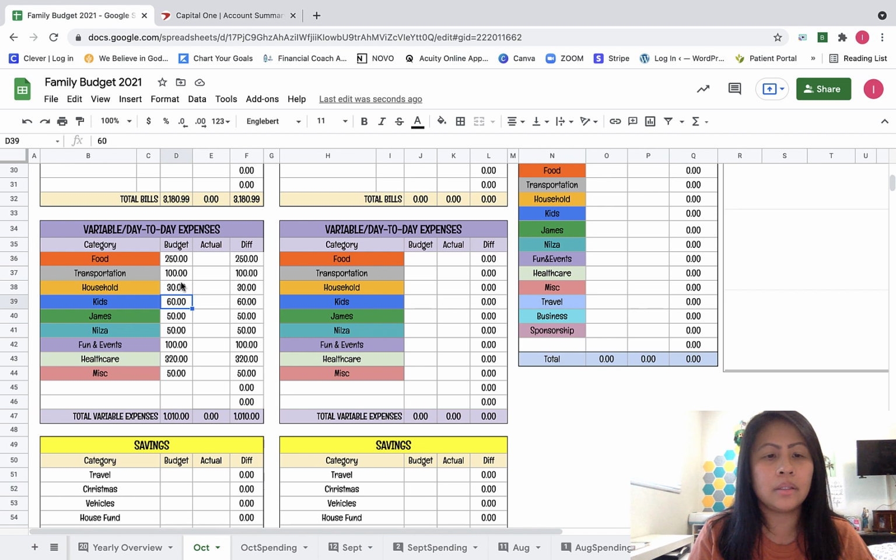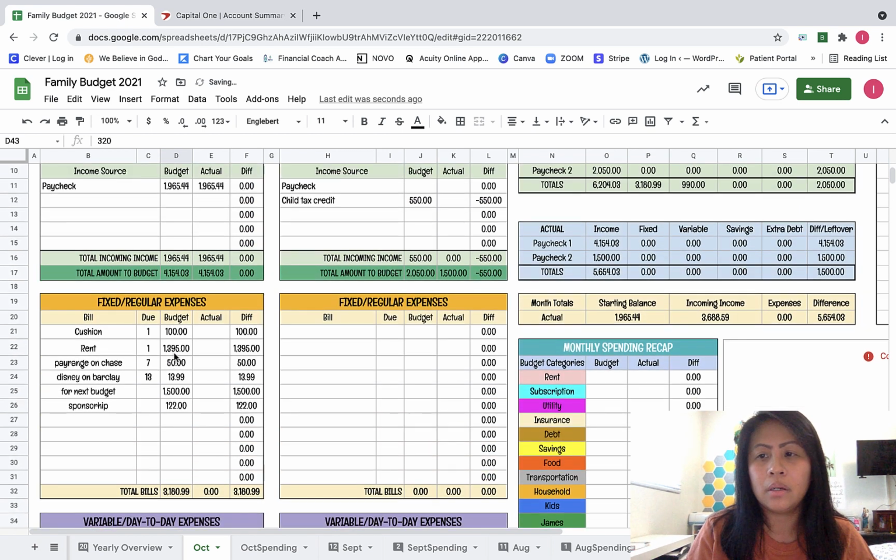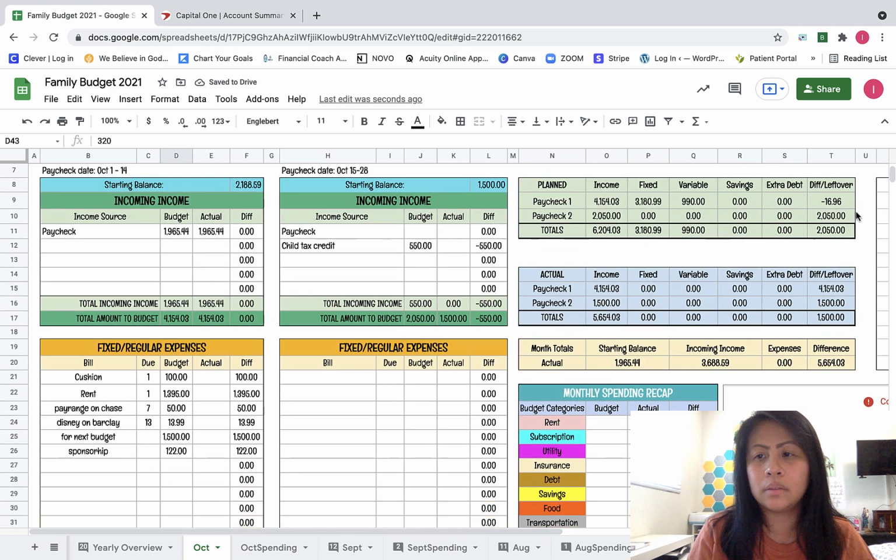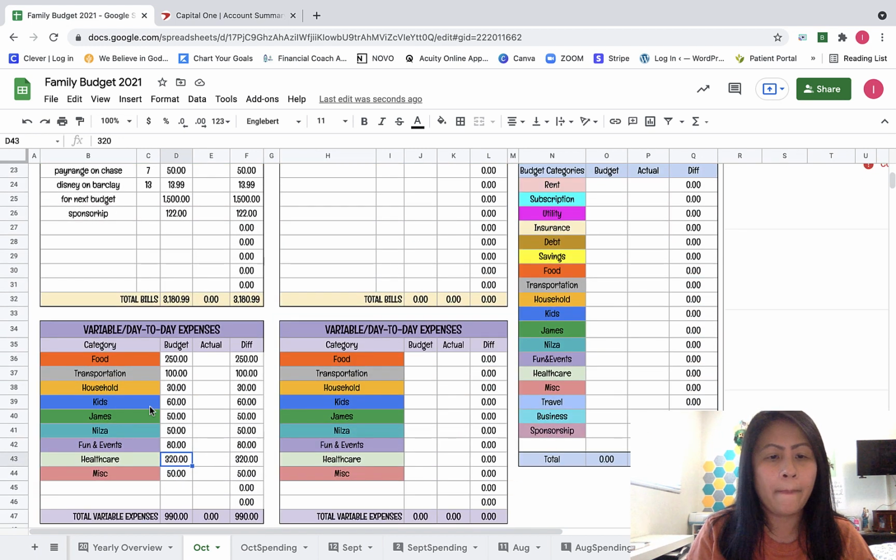And I think this one can go down. I don't think we'll be spending that much. What else? I need to get rid of $17. What can we get rid of? Household, I need to get Tide or laundry detergent for sure.